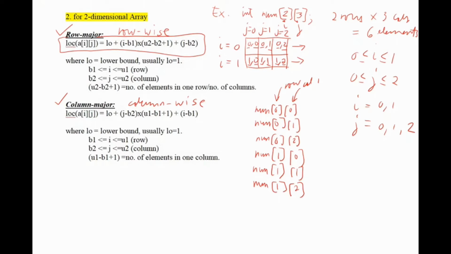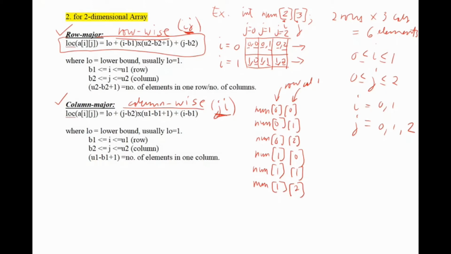So it's either ij or ji. The ij refers to row-wise or row major, and the ji refers to column-wise or column major.